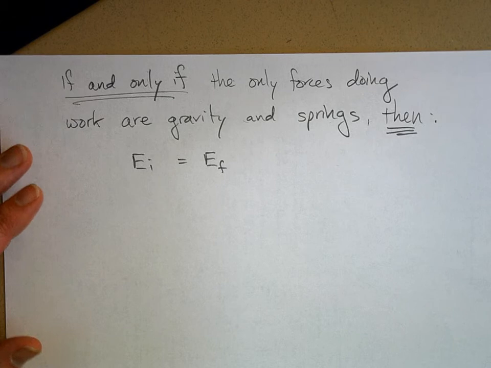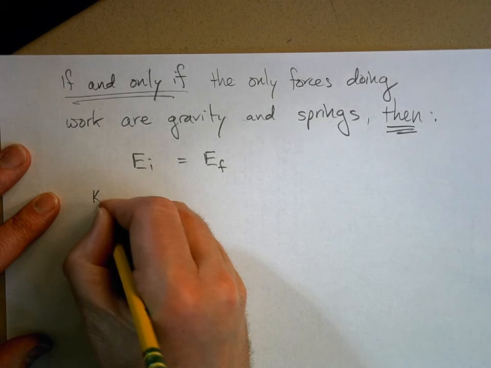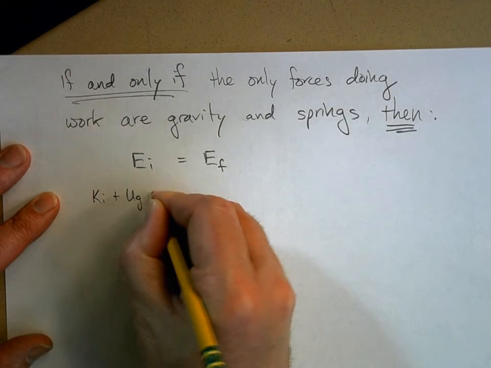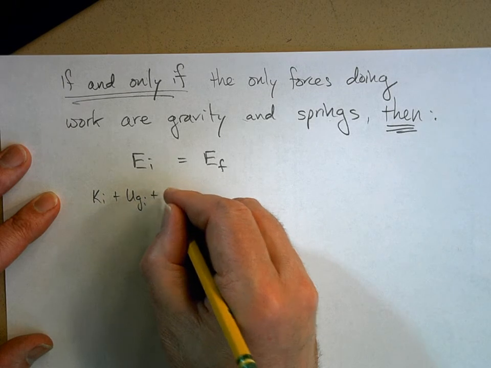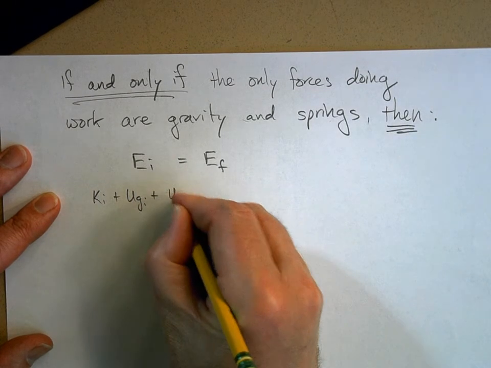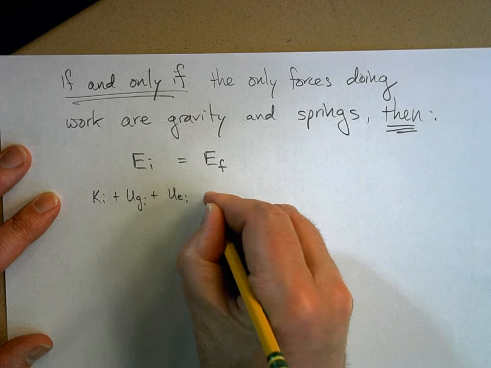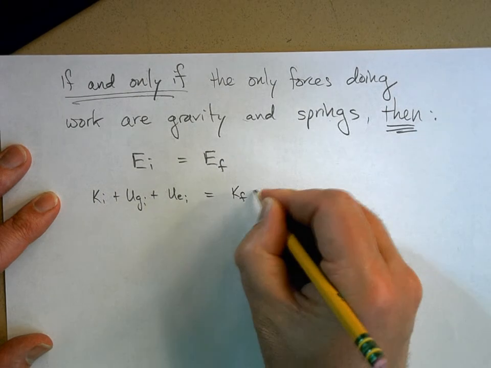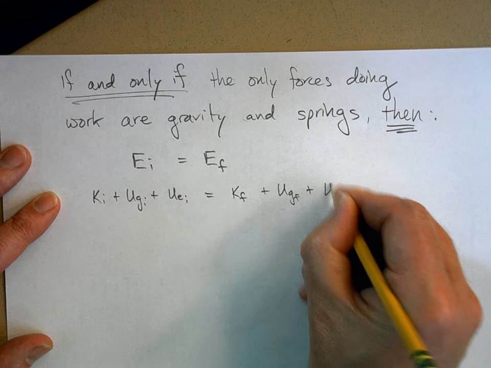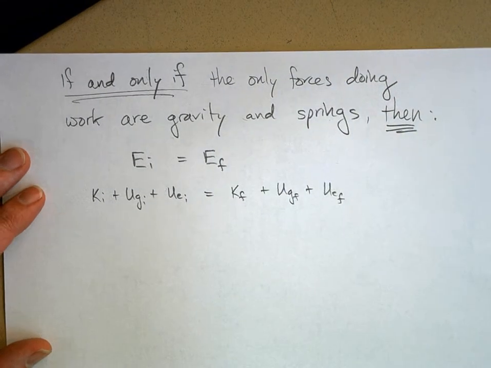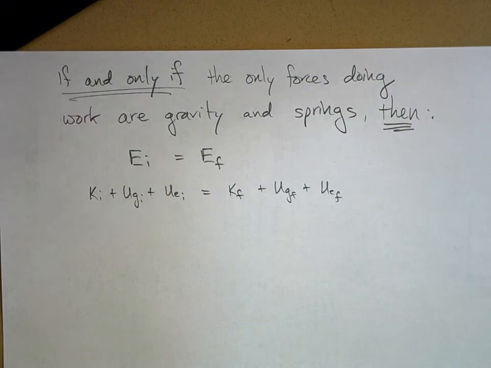This is kinetic energy plus gravitational potential energy plus elastic potential energy equals the final K plus UG final plus UE final. And look, this gives you an equation that you can use to solve a problem.